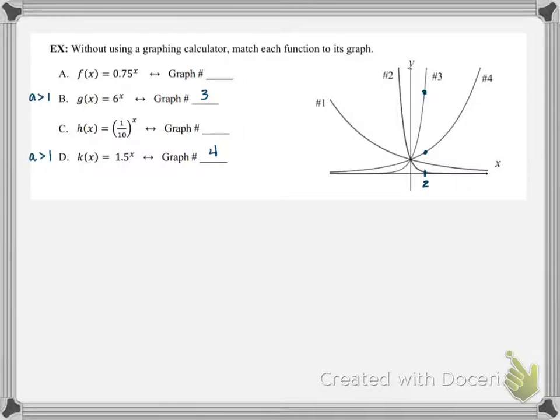Or to the third, or the fourth, or the fifth. So that's exactly right. And you can think of it as steeper: number 3 is steeper than number 4, or it gets steeper faster. So we can say that because 6 is greater than 1.5, B grows faster.